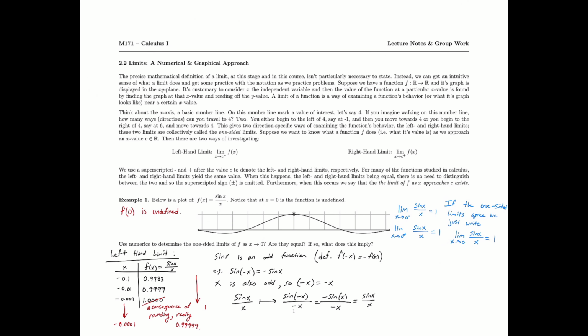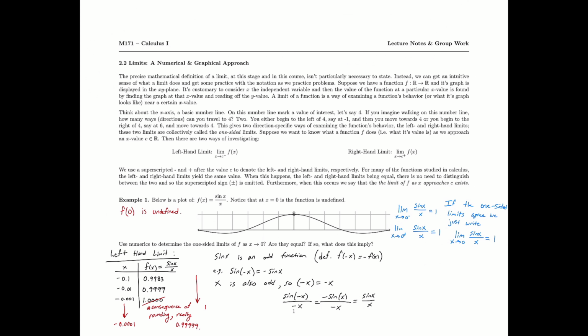So what's nice here is, let's erase the part that I don't really need. What we find is this, sine of negative x over negative x is exactly the same as sine of x over x.